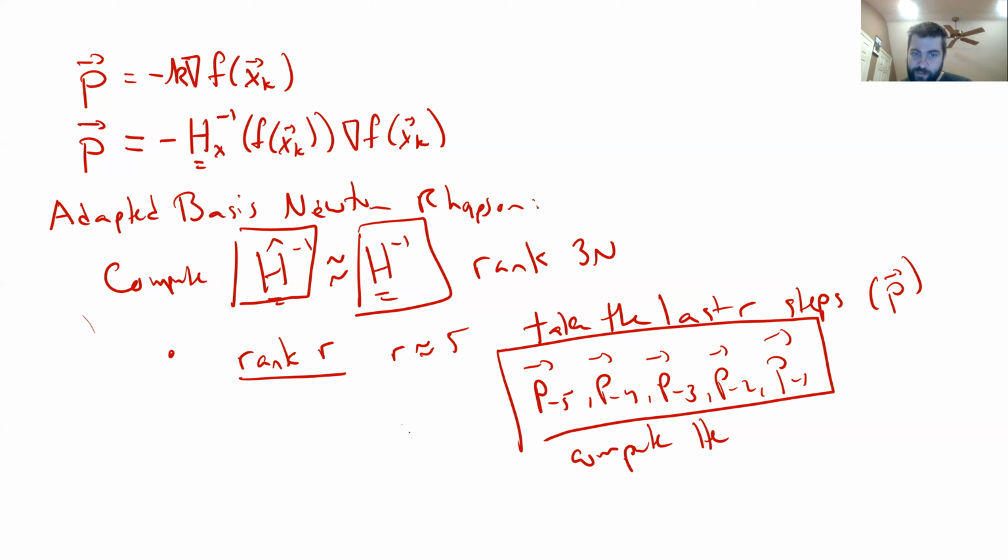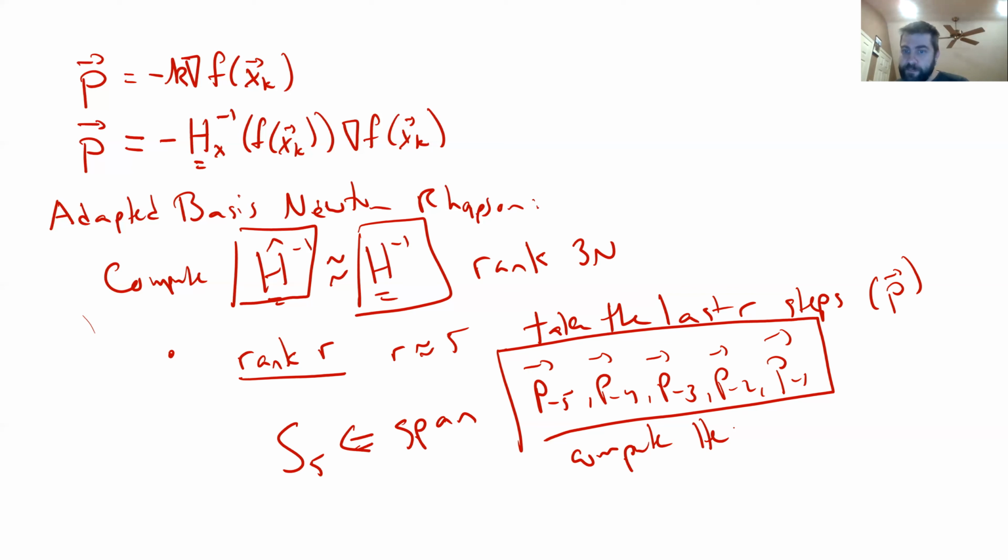So we might sort of take the span of this, this gives us a subspace that I might call S5, and we're going to compute the Hessian in this S5 subspace, invert it in S5, and then sort of embed that back into our original space.